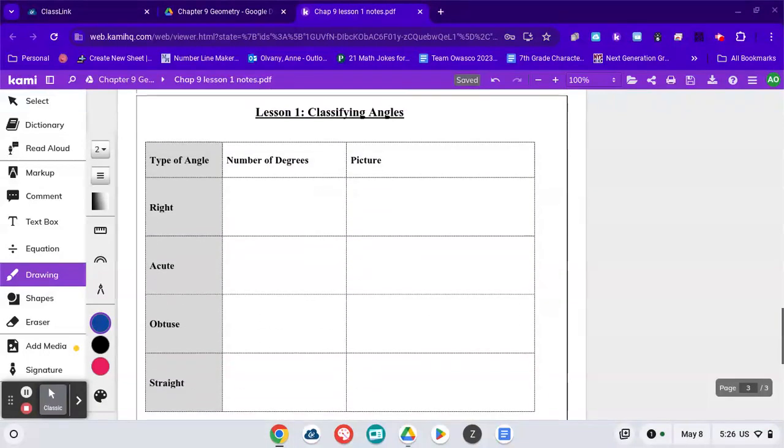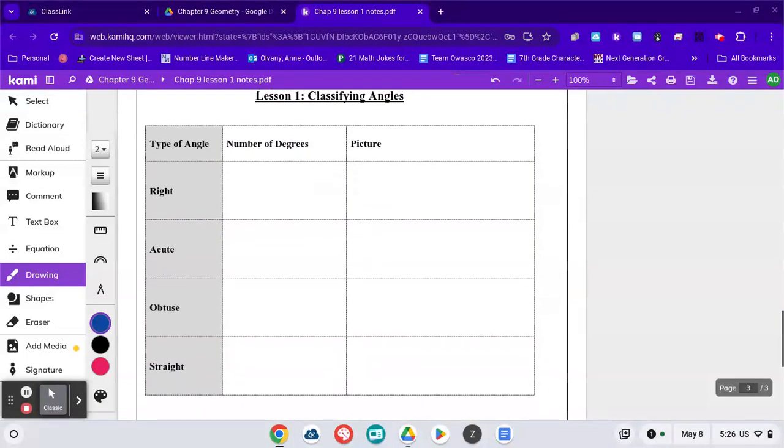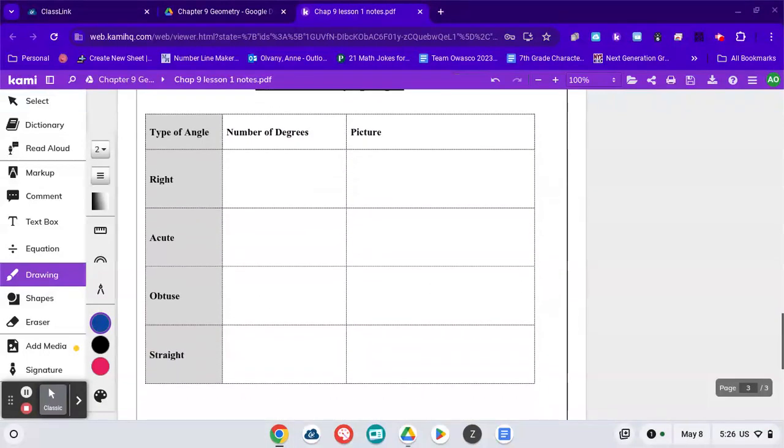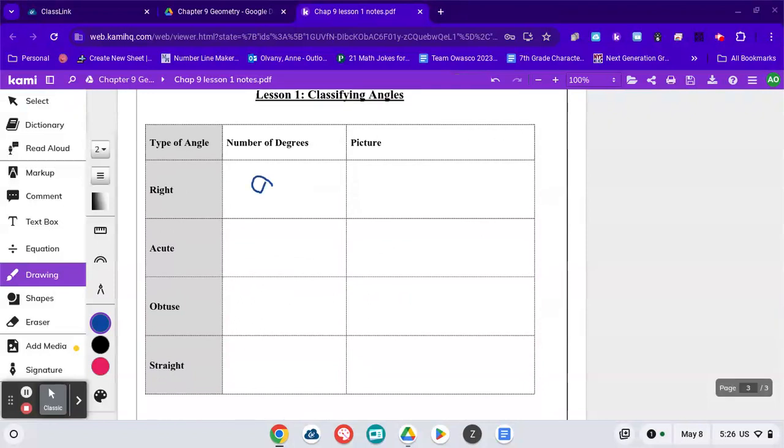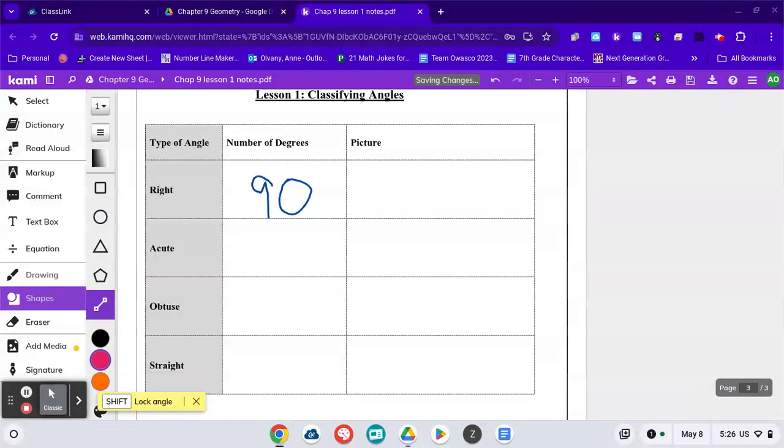So now let's talk about classifying these angles. These are things I really think you guys have heard before. A right angle has 90 degrees. Because right angles are important, I'm going to use my drawing tool here and here.